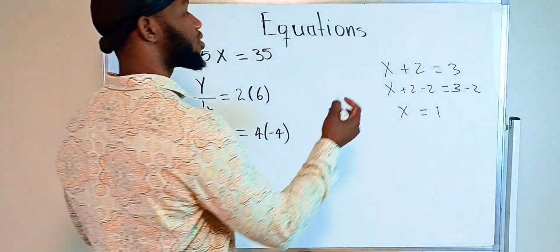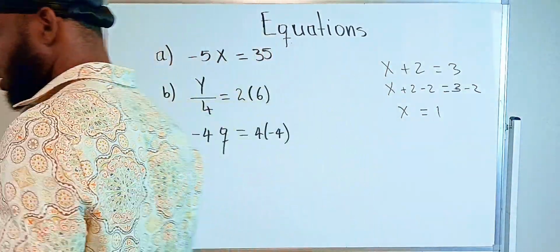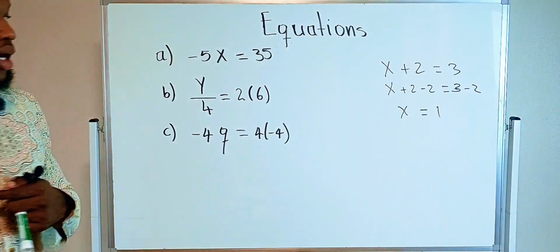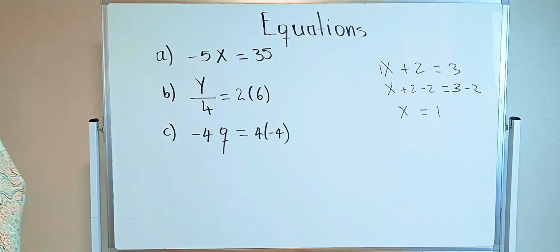You see over here in this equation, that doesn't mean that x doesn't have a coefficient. We got a 1 as a coefficient. That means 1 times x is still x. That's why they don't really care about it.